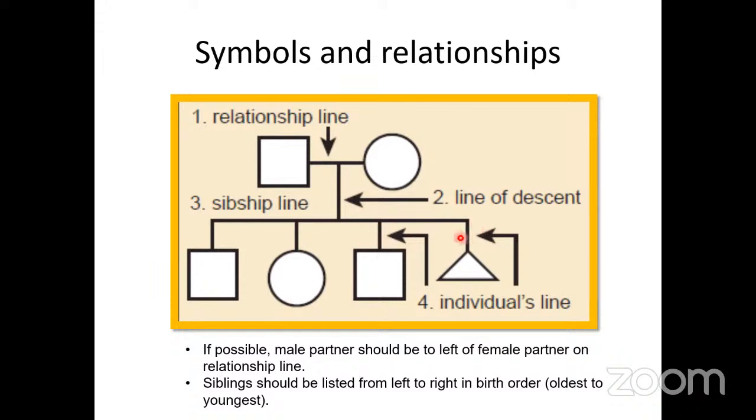Some conventions: if possible, the male partner should be to the left of the female partner on the relationship line. Sometimes it may not be possible, but most of the time it is. And siblings should be listed from left to right in birth order.